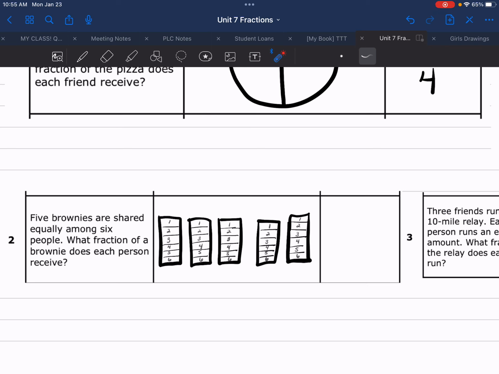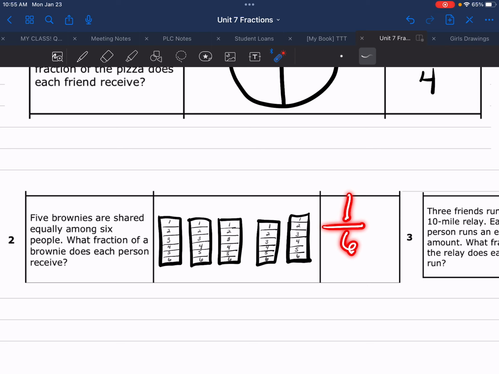Well, if you separate this into 6 equal pieces, what fraction is one of these pieces? That's right, 6 equal pieces. And then you have 1 on the top because they're only eating 1 piece of the 6. So one person is going to receive 1/6 of each brownie.